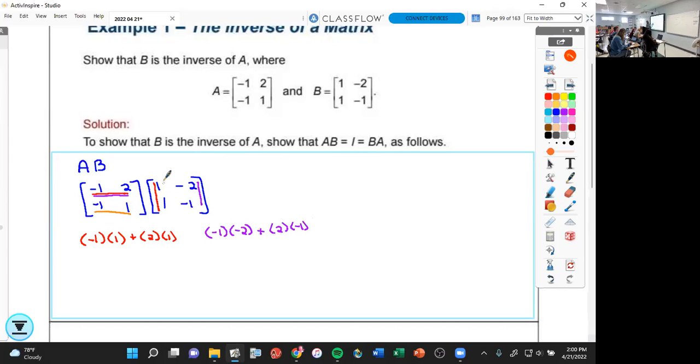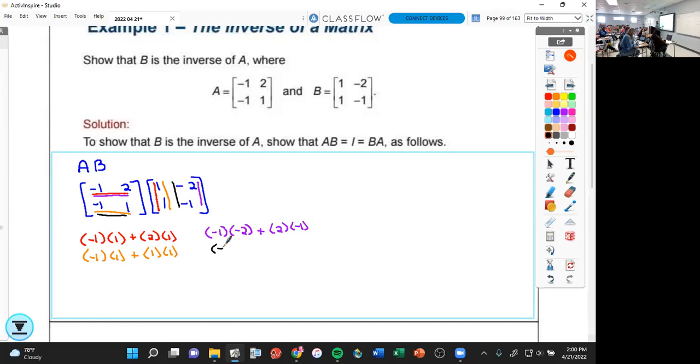Row 2, column 1: -1 times 1, plus 1 times 1. Row 2, column 2, plus.